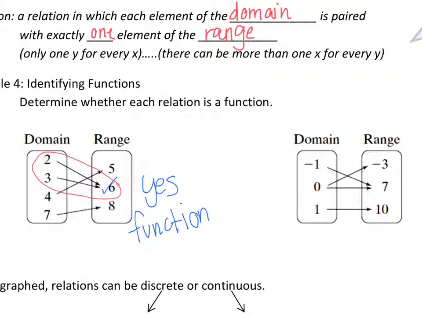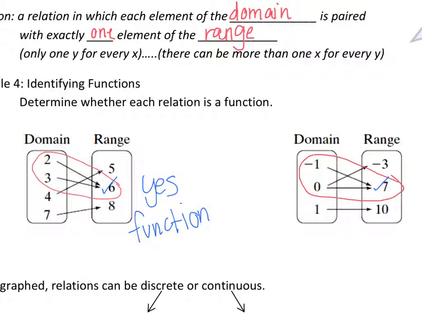Now let's look at the next one. Do we have double arrows anywhere? Yes, we've got double arrows here. That's two arrows at a y. Is that okay? Yes, that one is okay. But look over here.